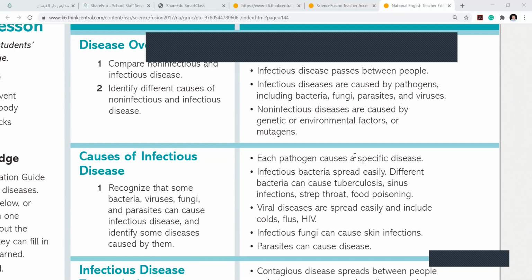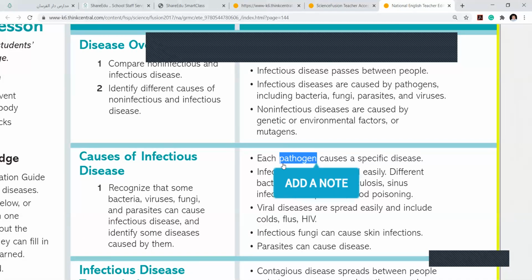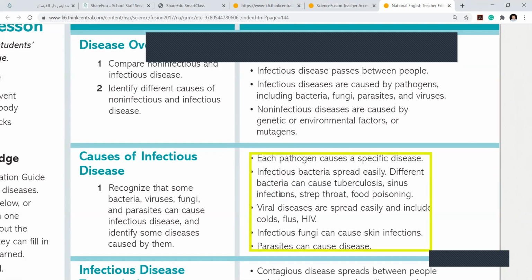Each pathogen causes a specific disease. For example, one kind of bacteria leads to tonsillitis. Another kind of bacteria leads to stomach cramps. Or one kind of parasite or fungi will cause skin infection. So each pathogen has its own specific disease.